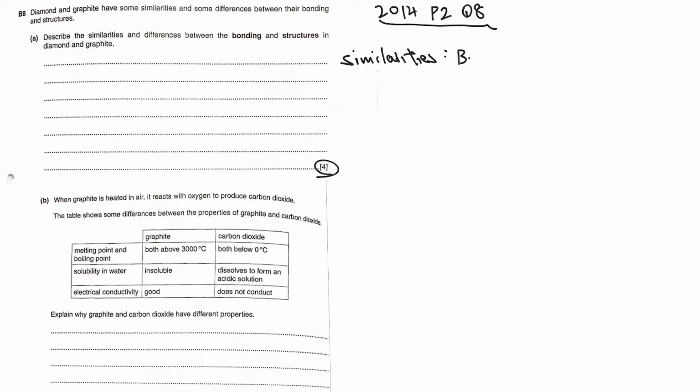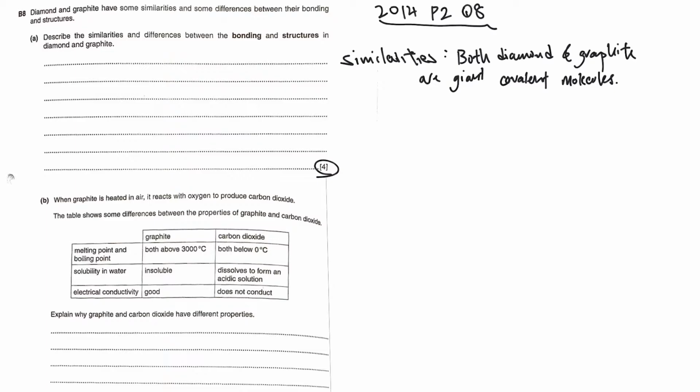So both diamond and graphite are giant covalent molecules, right? And this will give you your first mark in the similarity portion.